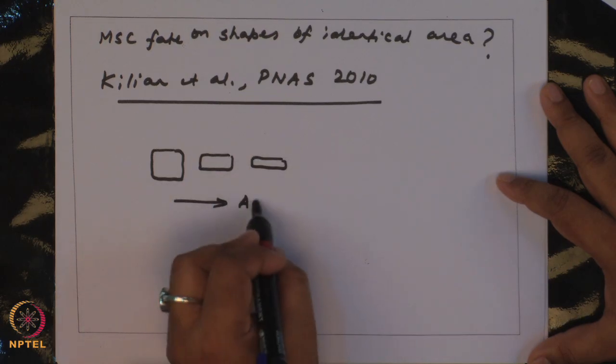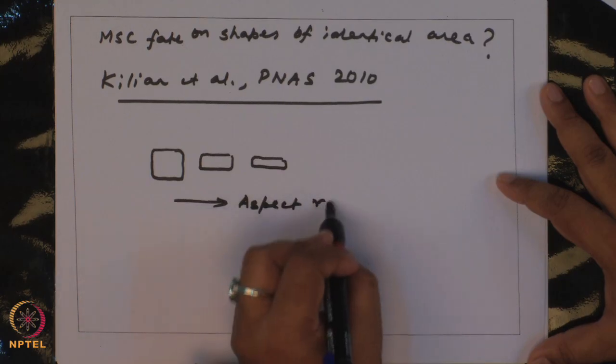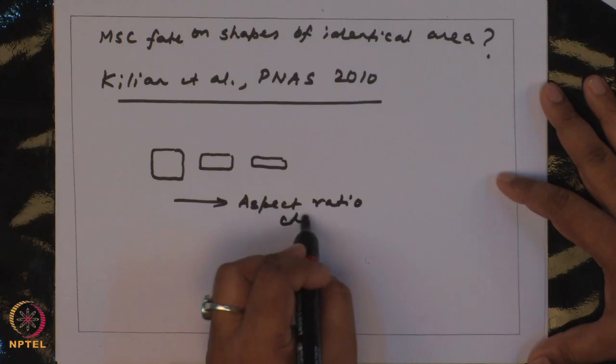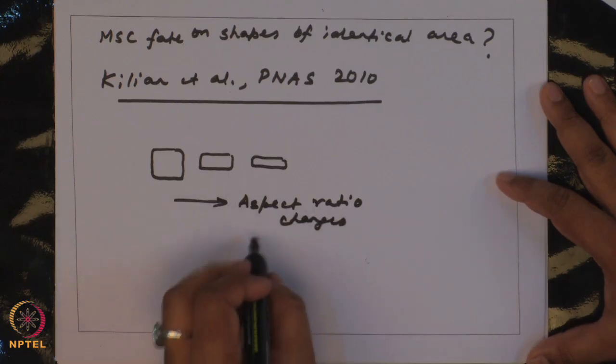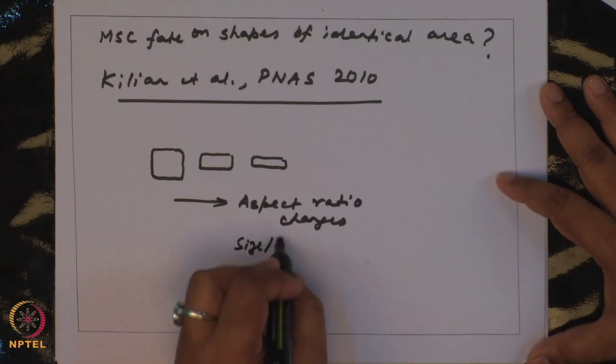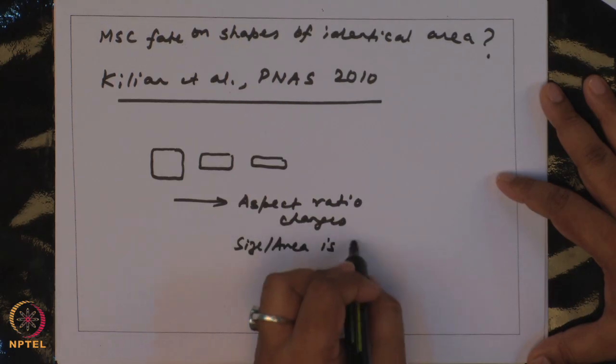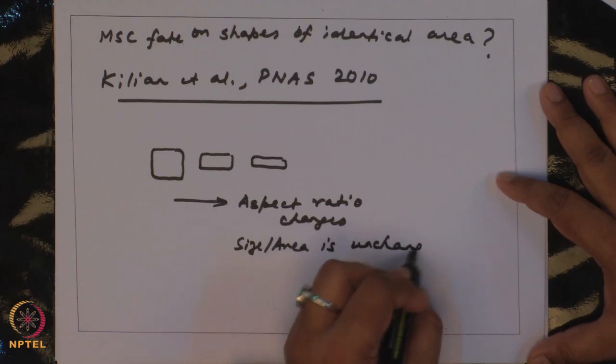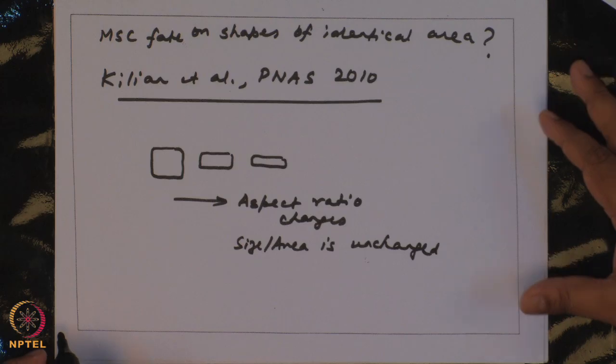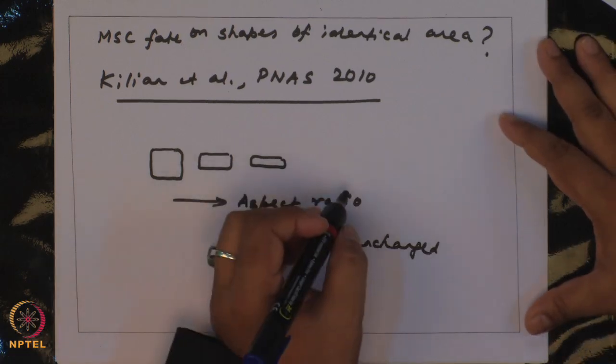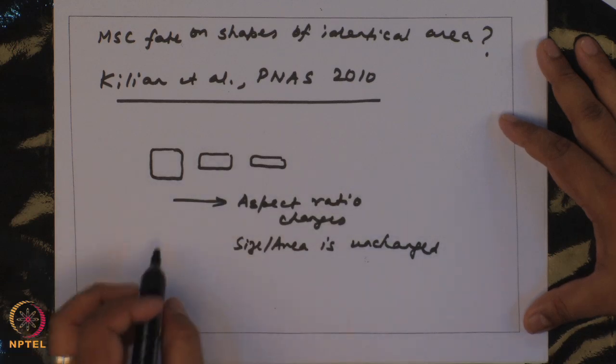So, your aspect ratio is changing, but size or area is unchanged. So, this was one set of geometries that the authors chose.